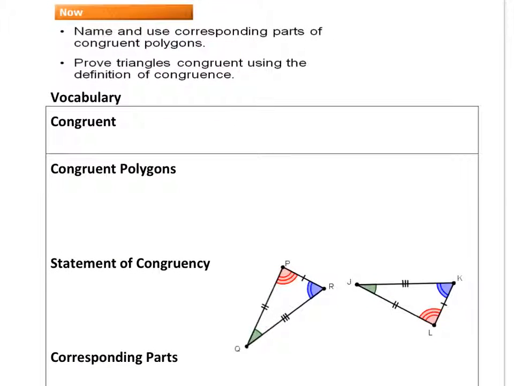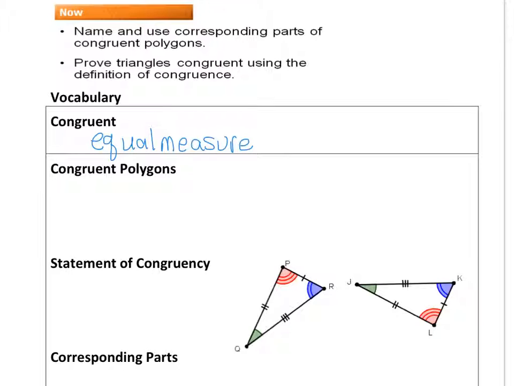Congruent. We've talked about that all year. Congruent directly translates to equal measure. And we can have congruent segments, as we've been working with all along, and congruent angles. This time we're going to be focused on congruent polygons, more specifically triangles.